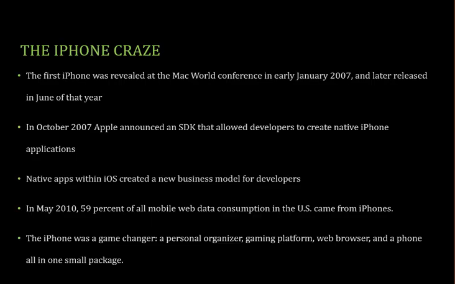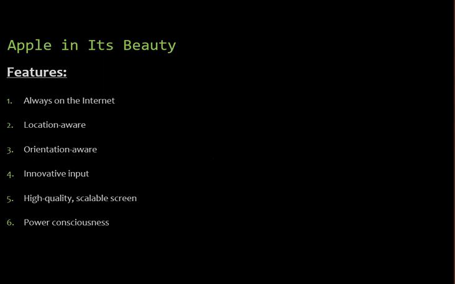Here we had seen when the iPhone was released, and we also saw some of the features which Apple had used, and which are still used by other mobile manufacturing companies. So we had seen about this.